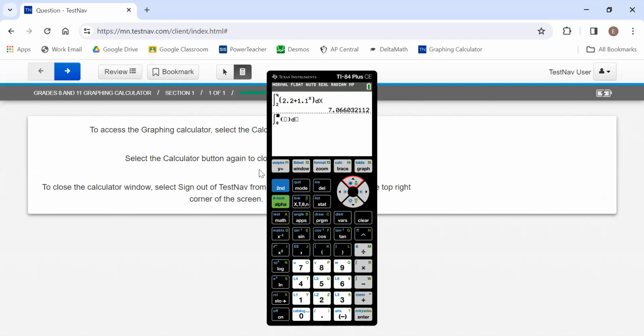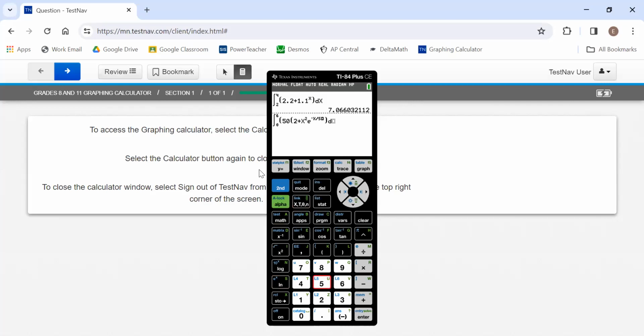We're going to integrate from 0 to 6, and our function was 50 times 2 plus t squared, so we'll just use x, 2 plus x squared, and then it was e to the negative x over 5.